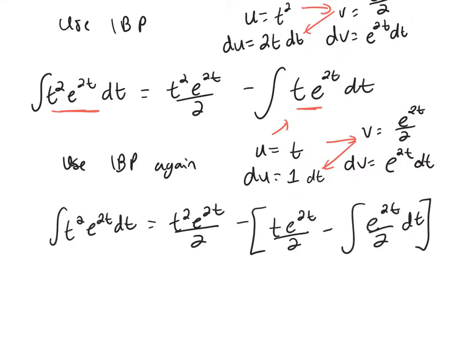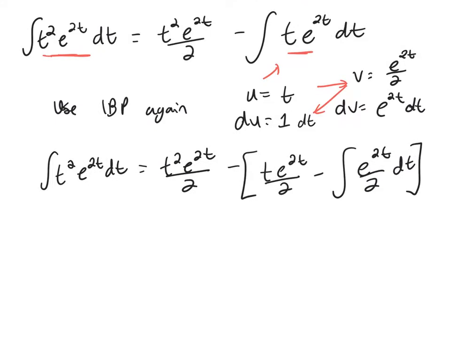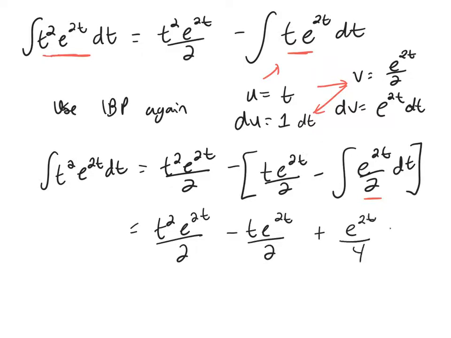And now, looking at the integral we're left with, there's no t anymore left. There's no polynomial, so I can just use substitution to compute that integral. And put a plus c on the end of my answer.